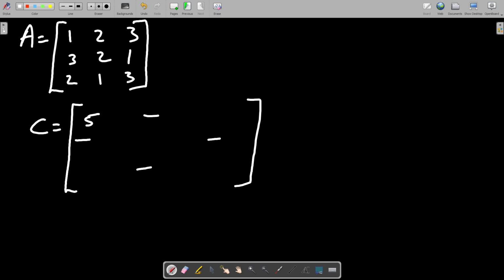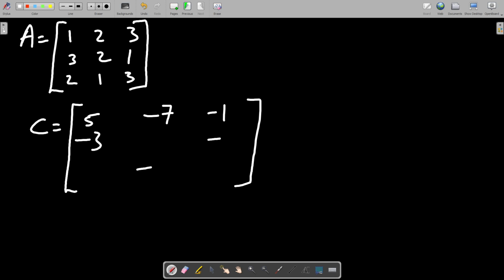Next, it will be 3 into 3 minus 2 into 1, that is 9 minus 2, so minus 7. Okay. Next, for this entry 3, it will be 3 into 1 minus 2 into 2, minus 1 it will become. Next it will be 2 into 3 minus 1 into 3, so that will be 3 and there is a minus sign outside, so it will become minus 3.